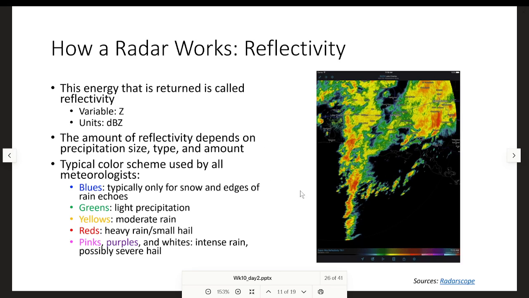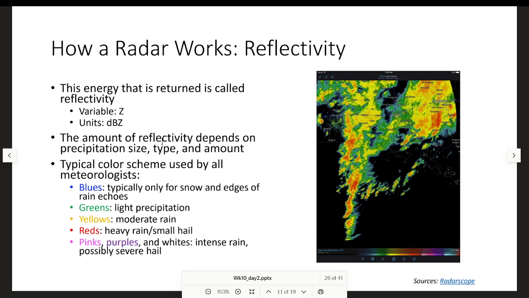The orange and red colors in the storm are higher dBz's, so it's going to rain harder. The green portions have lower values of dBz, so there's not as much rain in these areas and less return energy. This is the typical color scheme used by all meteorologists.